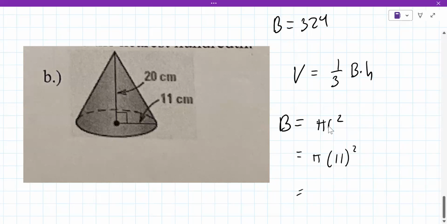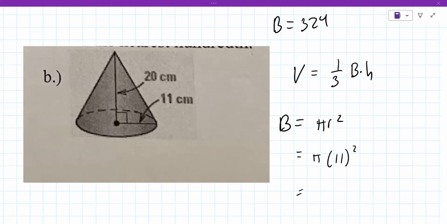Good. All right. I want you to put this in your calculator. Pi times 11 squared and round to the nearest hundredth, please. So 2 decimal places. 121 divided by 3.